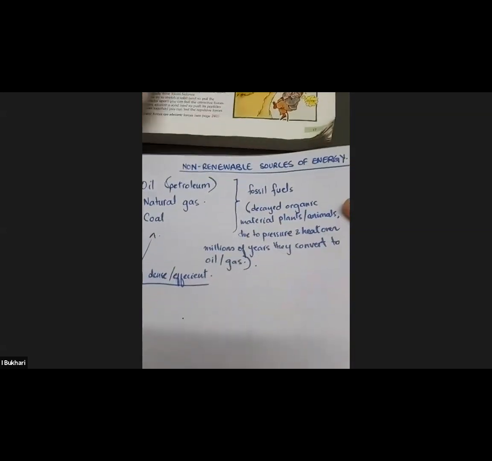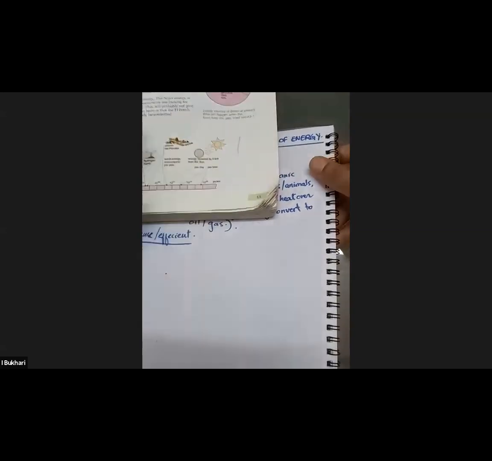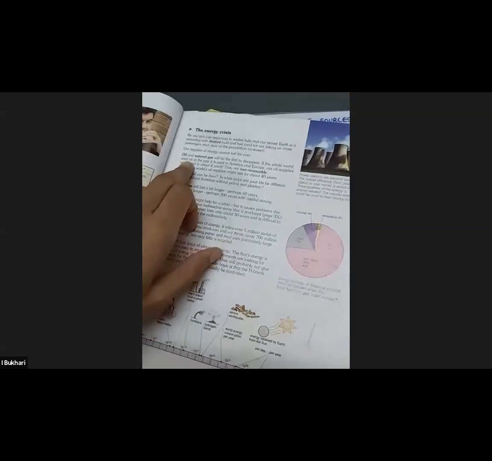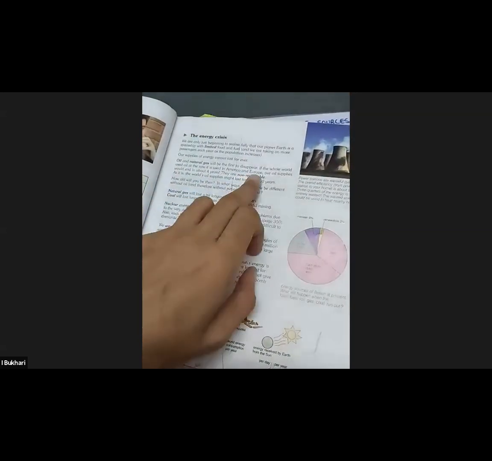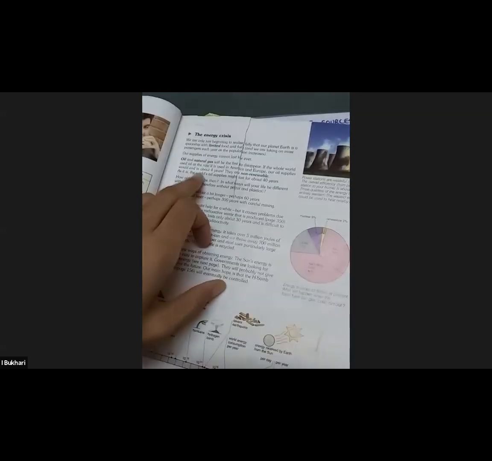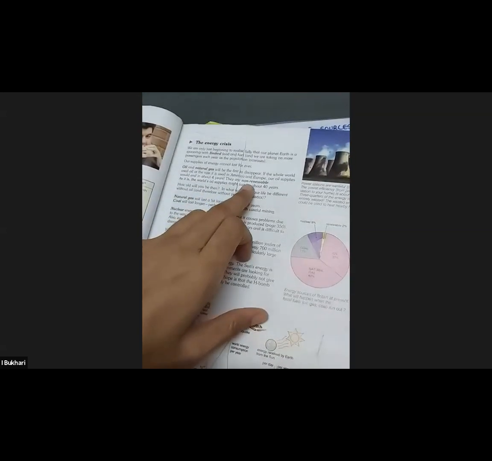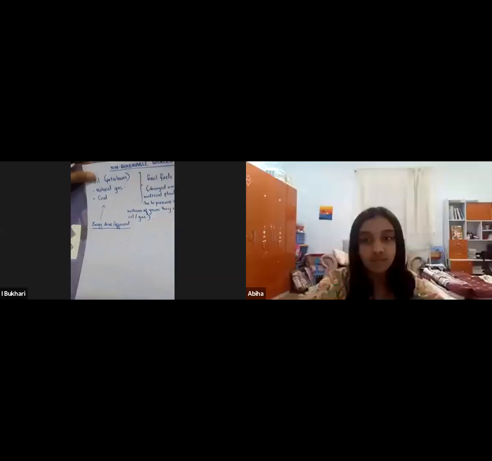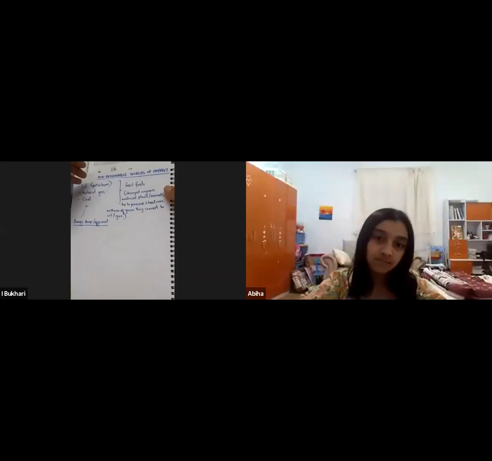Right. And this book was written 4 years ago. If the whole world uses oil at the rate it is used in America and Europe, our oil supplies would end in about 4 years. They are non-renewable. That's what your book says. So that's what makes them non-renewable.